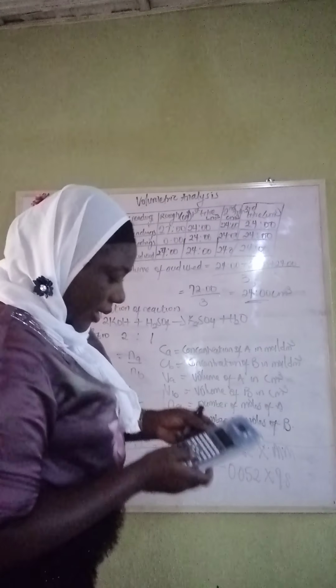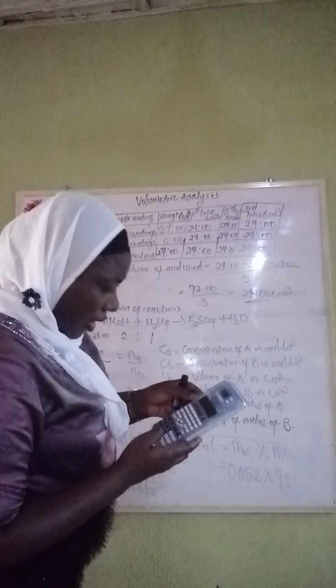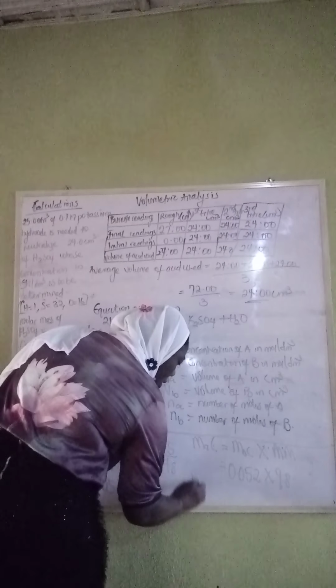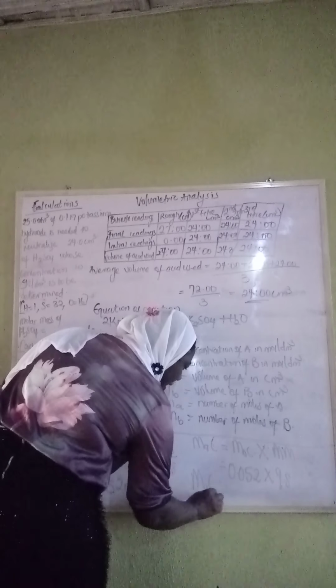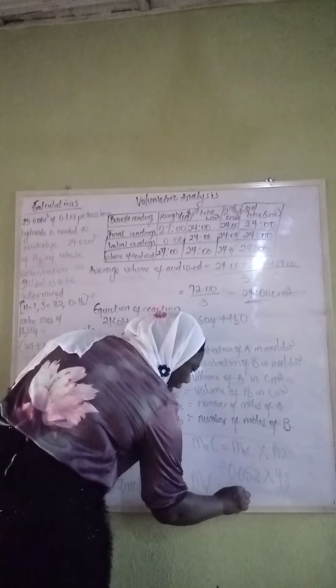What do we have here? 5.104. So the mass concentration of H2SO4 is 5.1 gram per dm cube.